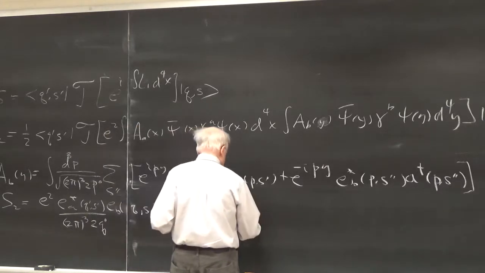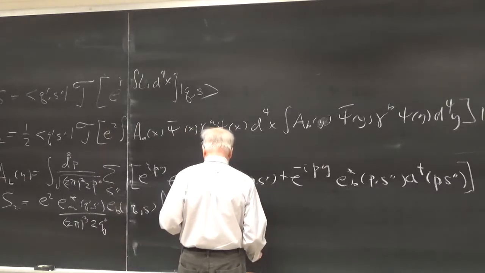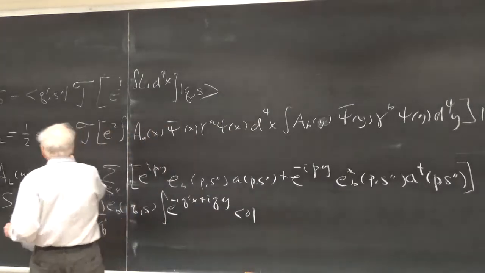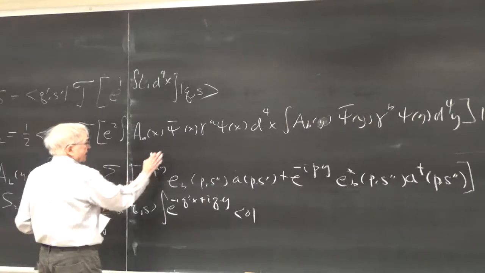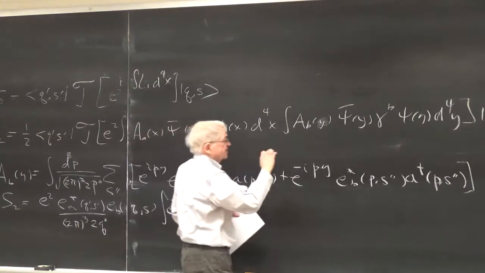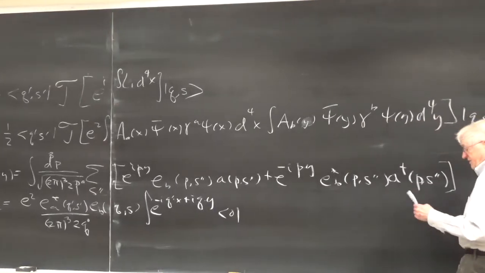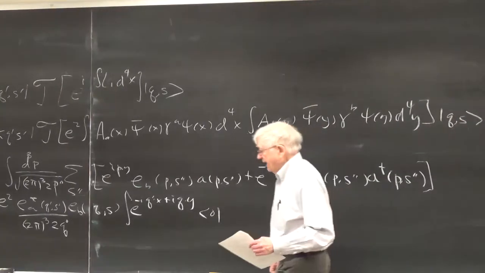What's left inside the time-ordered product is just the vacuum, a time-ordered product, a quadratic expression in Fermi fields, another quadratic expression in Fermi fields, and then the vacuum.